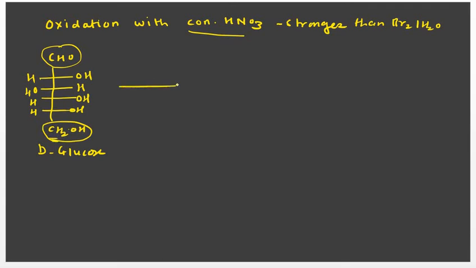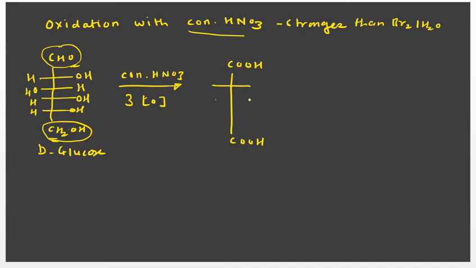So when this D-glucose is oxidized by using concentrated HNO3, oxidation occurs. So three oxygens are provided here and we get the product, remember, COOH. So this group is converted into COOH group and this CH2OH group is also converted into COOH group.